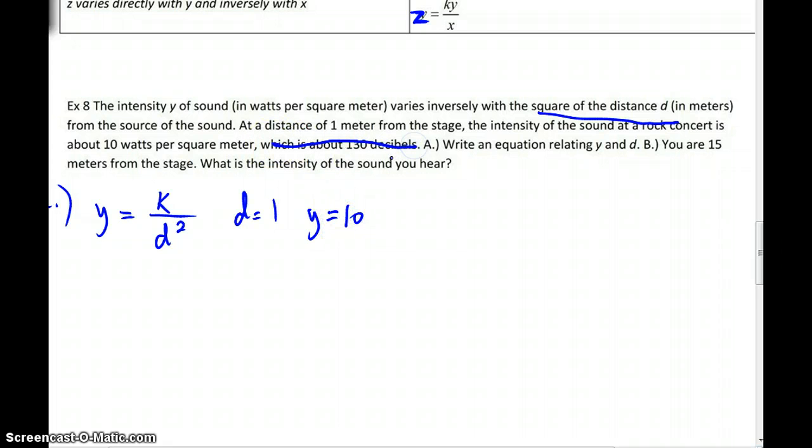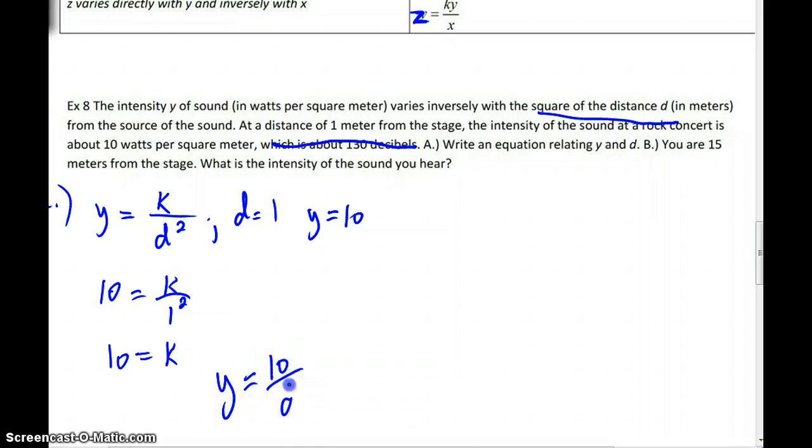We'll ignore the decibels for a minute. We could have worked in decibels as well, but we'll have Y is 10. This is K all over 1 squared. Of course, 1 squared is just 1 itself. We have K is equal to 10, and this means Y is equal to 10 divided by D squared.